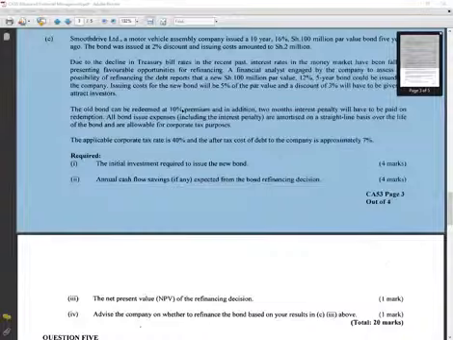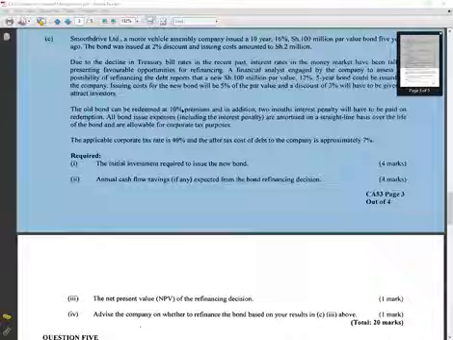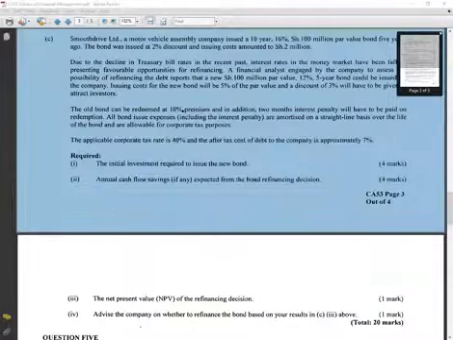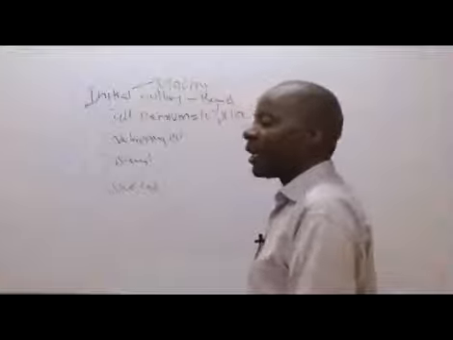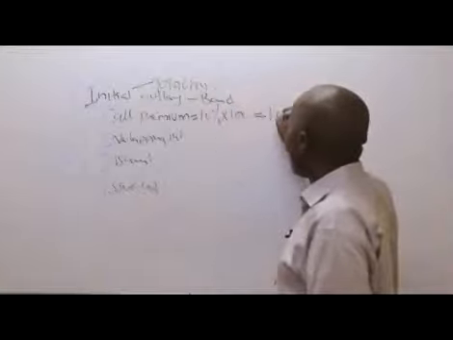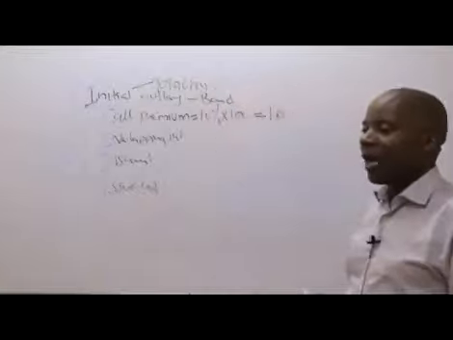No problem, give us something on top of the par value, and this something is 10%. Therefore, the call premium will be 10% of the par value, which is 100 million. So 10% of 100 million gives us 10 million.